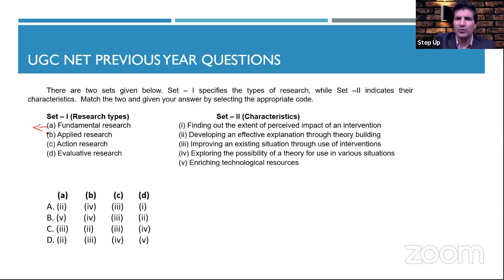They're not interested in applying the findings into something, they just want to know. It's intellectually stimulating, they just want to build a theory around something. So it is not for application, but theory building for universal application is one phrase that could describe fundamental research.